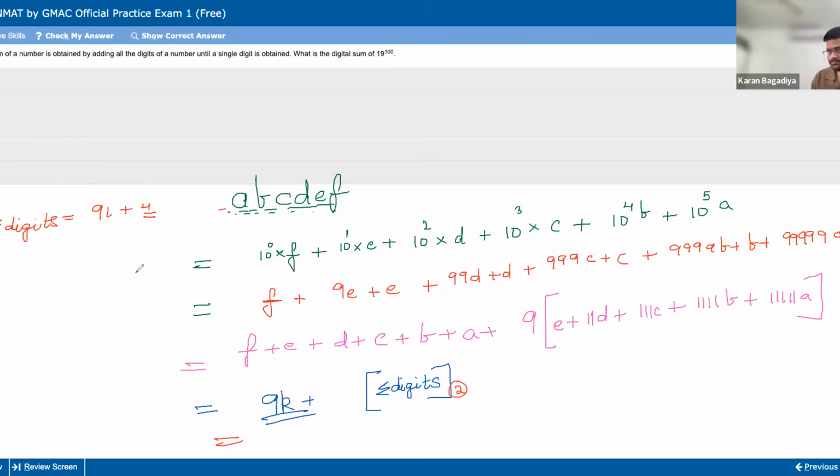So this original number, can I not write it like this? And then doesn't it become k dash plus 4? That same remainder will carry forward. So I want you to be clear. Not only is it the divisibility test, it's even more complete. In what sense? Whatever remainder is left after calculating the summation of digits is what will be the remainder for the original number as well.